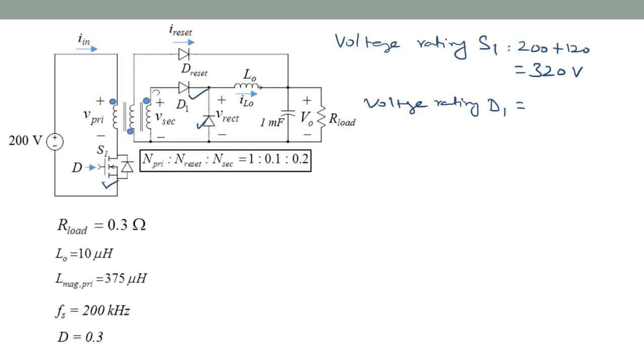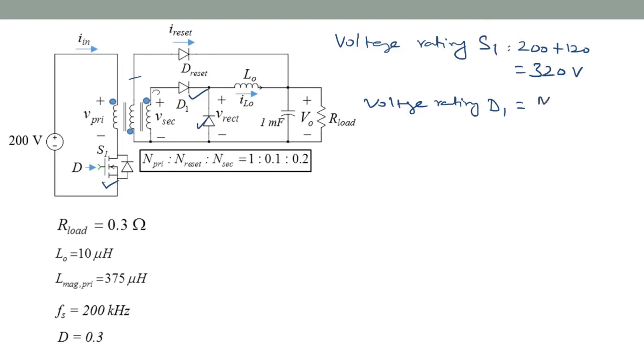So the governing winding during that off interval 1 is the reset winding, which has a voltage of V out, right? So the voltage rating for D1 is V secondary during that interval.